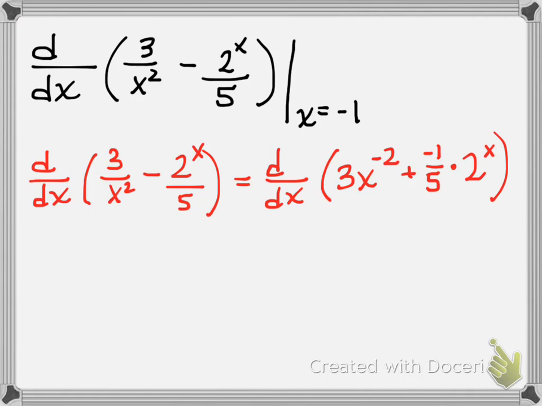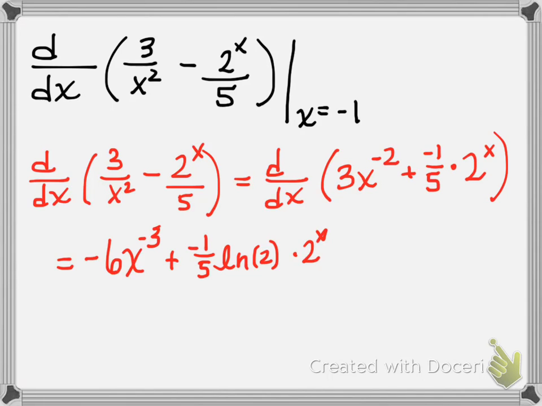Now we want to find the derivative, so we find the derivative of each piece. We get negative 6x to the negative 3 plus negative 1/5, that's our constant, times the derivative of 2 to the x, which is natural log of 2 times 2 to the x. Make sure that you understand that piece.